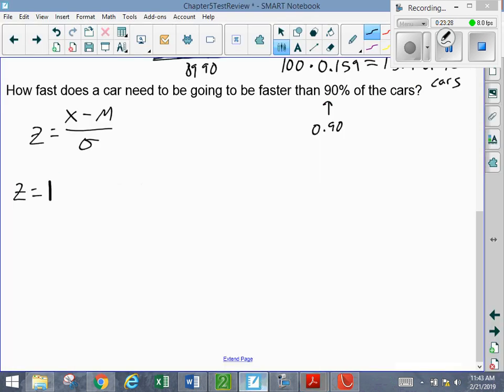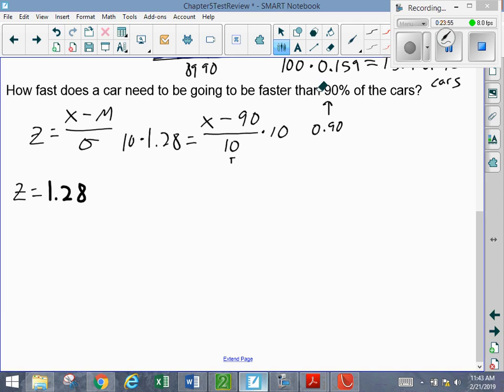So that's what I'm going to use now. And here I'm going to say 1.28 is my z-score I'm going to use. So now I can write this equation. 1.28 equals x minus my mean, which was 90, divided by my standard deviation, which was 10, right? So if I'm going to solve this for x, I need to get this 10 to go away. How do I do that?